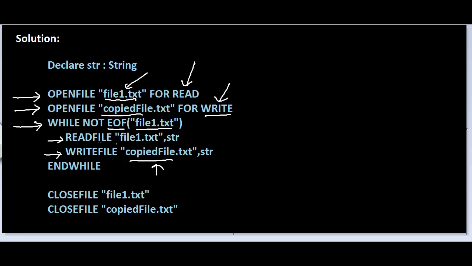So thing to note here is, when we were using the read file instructions, we were reading from file 1, and when we were writing, we were writing into the copied file, right? So I hope this solution is straightforward and that you are able to understand. So this is our loop. Once this loop runs, once we've done all the processing, we are going to close both the files. So we've closed file 1 and we've also closed copied file.